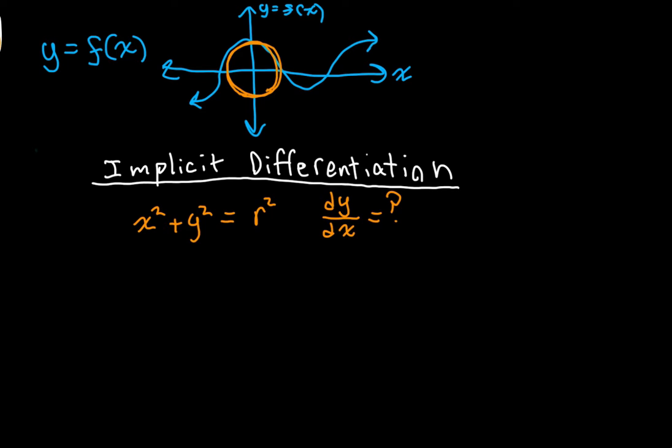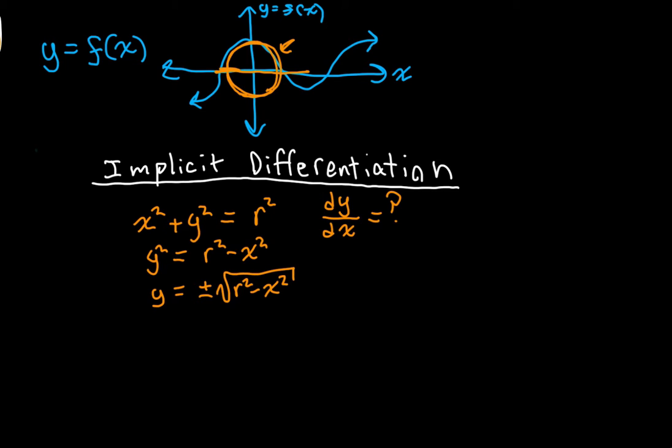Well, there are a couple ways you can approach this. For one, you can say, well, let's put y as a function of x. And of course, we can do that as long as we make two separate functions. We can kind of cut the circle in half. Let's see, we can rearrange this. y squared is equal to r squared minus x squared, or y is equal to the plus or minus square root of r squared minus x squared, right?